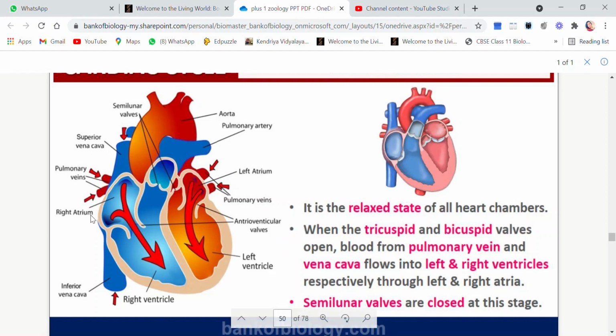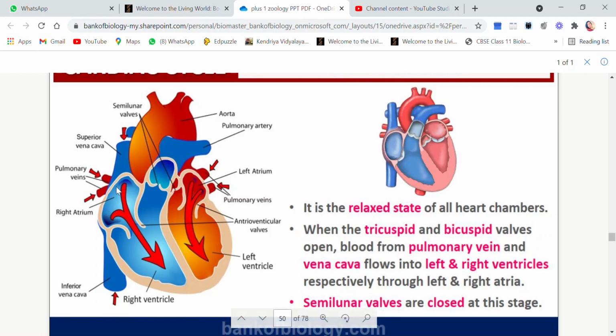To make it quite easy for you, the right portion of the heart always carries deoxygenated blood, and the left portion always carries oxygenated blood. You can see this has been shown in the diagram by different colors. The right side is blue because it carries deoxygenated blood, and the left side is reddish orange because it carries oxygenated blood.